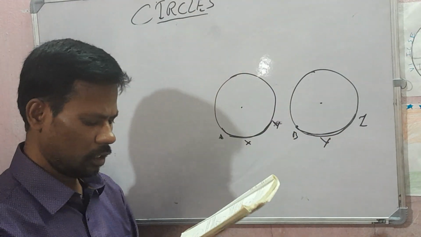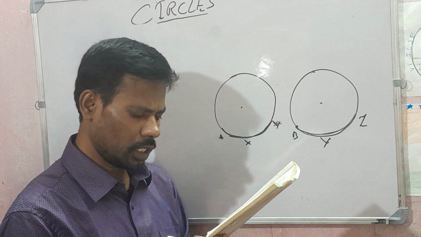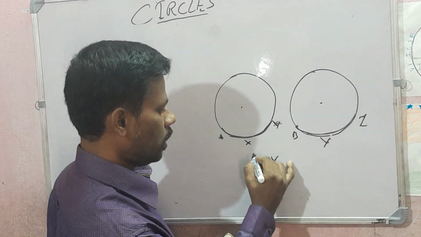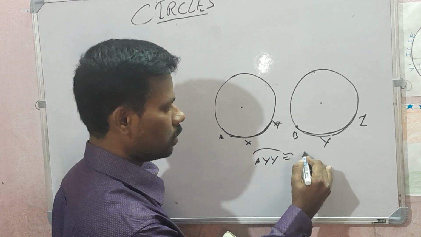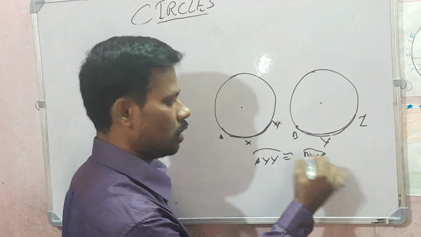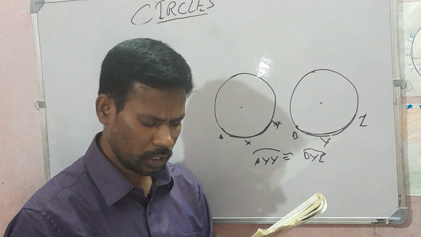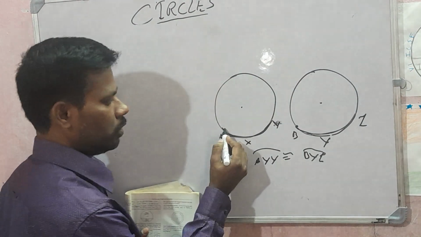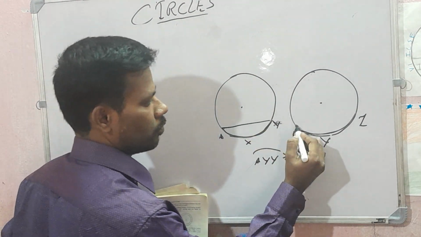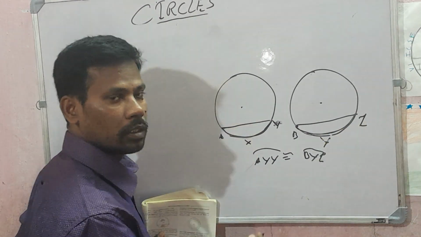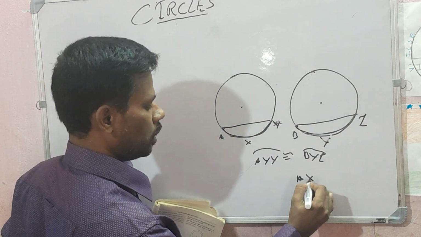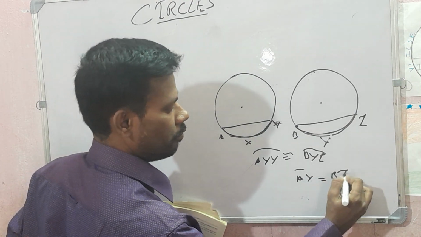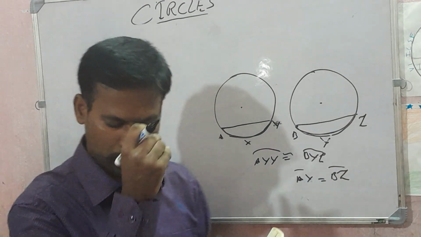If two arcs of a circle are congruent, that means arc AXY is congruent to arc BYZ, then the corresponding chords are equal. Here chord means just join this. So we see that AY is equal to BZ, sorry I am saying.